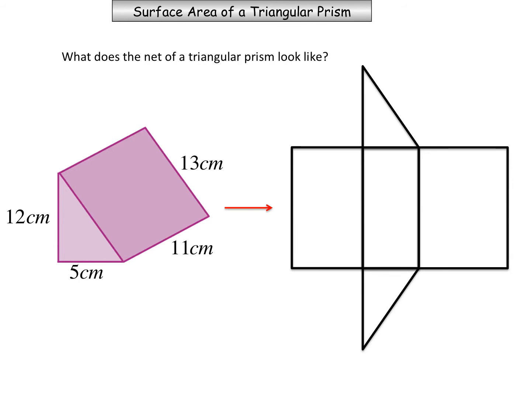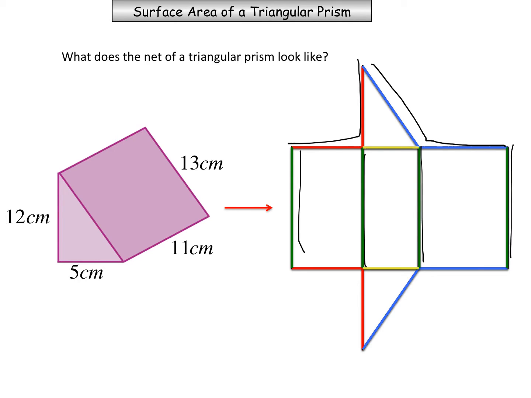So if we unravel it, the net should look like this. I've color coded it now, so the ones in red are the same in size. So that one and that one, because they join up together when they make the prism, they're equal in distance, same as that one and also that one there. And all these green ones are equal in distance. That one there is that 5 centimeter one, you can see in the diagram.